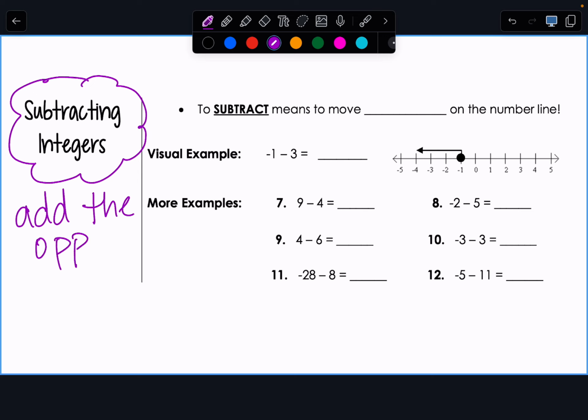So I want everybody to write add the opposite right under subtracting integers. Okay? When we subtract, we're going to move backwards. So adding the opposite is how we're going to accomplish that.